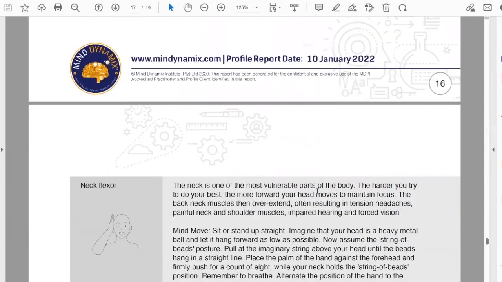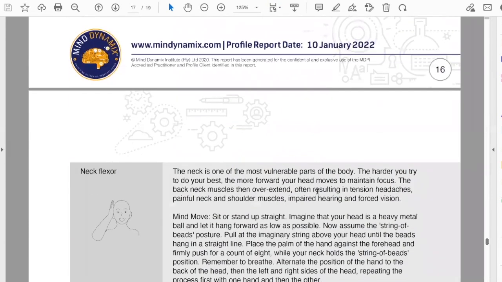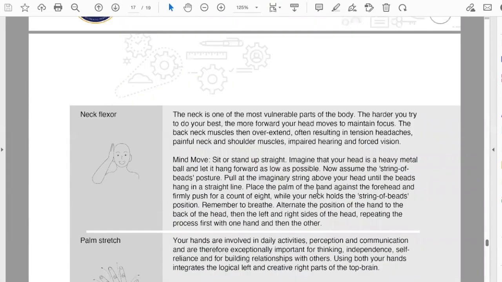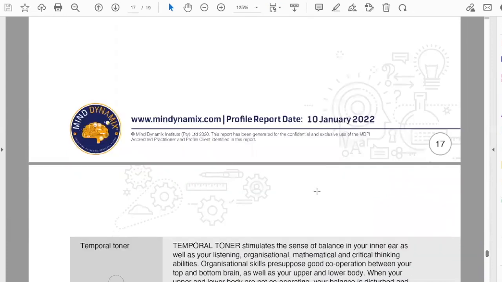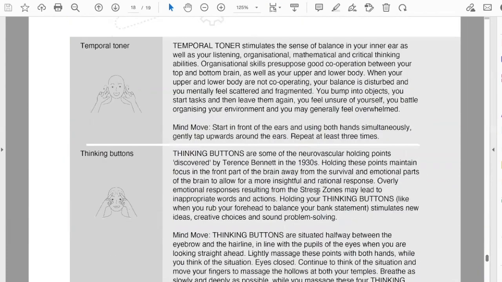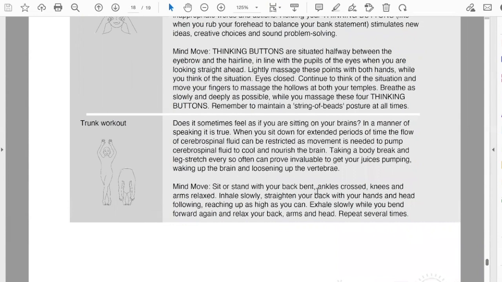Not everyone prefers to read, some prefer to watch, and those videos are designed to help your client embrace just how easy and simple these mind moves are for them.